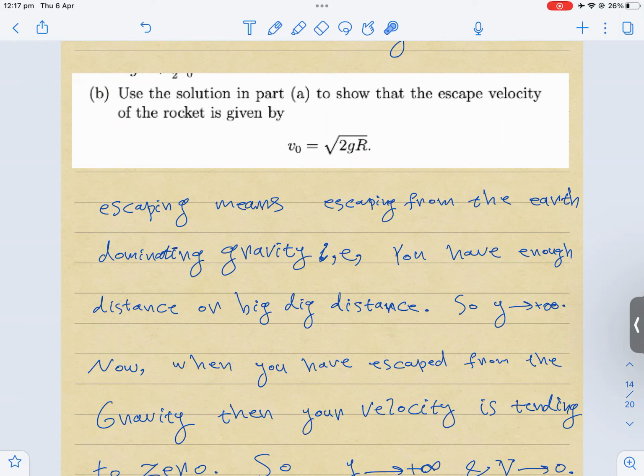So the later velocity, or endpoint velocity, is 0. Not the initial velocity, but at that time the velocity is 0.